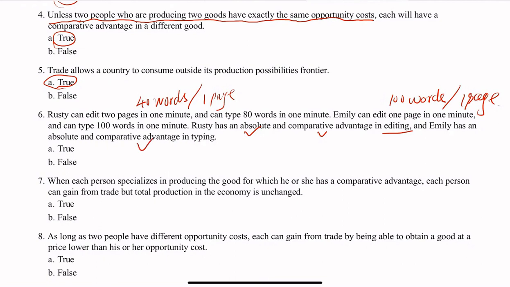What about Emily's absolute advantage? Well, you can see that Emily can type 100 words, but Rusty can only type 80 words. So Emily is more productive in typing. This implies Emily has an absolute advantage in typing. So the sixth statement is correct.